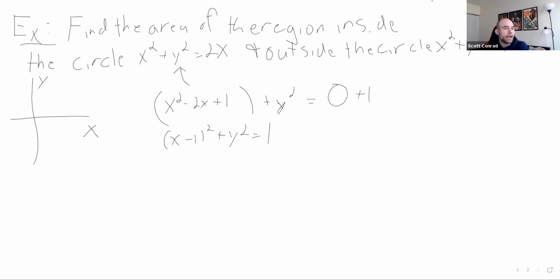Writing it in this form tells us what the center is and what the radius is. What's the center of that circle?